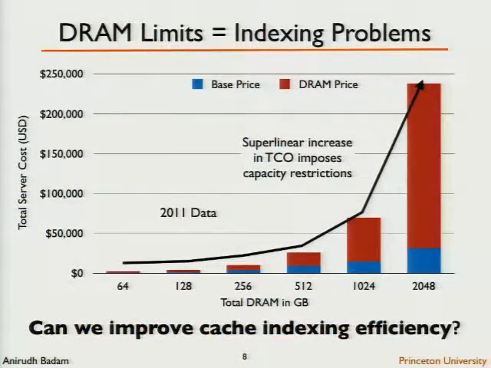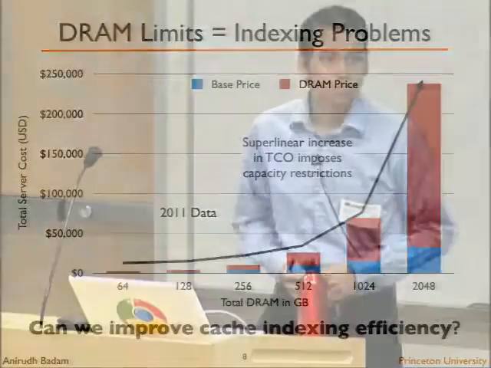And the third trend that is causing indexing problems is DRAM price limitations and DRAM capacity limitations. So this is data from 2011. If you look at the price of a server and vary the amount of DRAM in a server, the cheapest server that you can get with 64 gigabytes of DRAM is probably not more than $1,000.